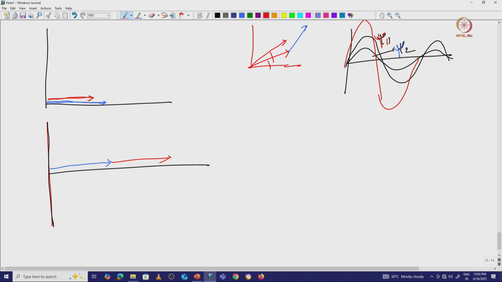When two waves are attached, I have to connect from the first vector's end to the second vector's end. So my resultant vector will be like that. The resultant vector will add up the amplitudes of both waves, and the resultant wave will be much bigger than in any other addition.